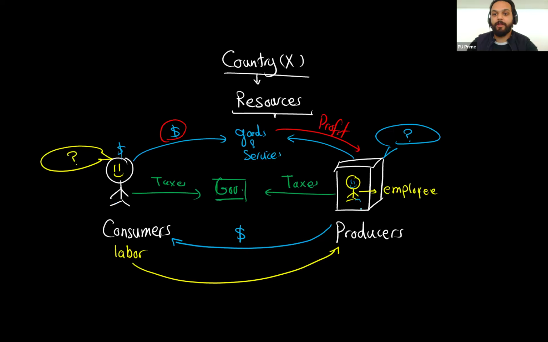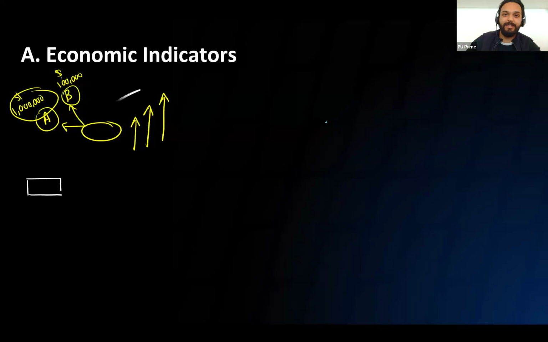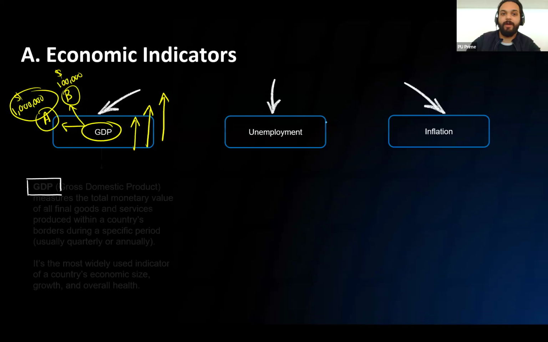So they would hire what? They would hire more people. More people to be hired, more goods and services to be produced. More goods and services to be produced means there are more people to buy. More people to buy means more what? More profit. Okay, it's a cycle, just a simple cycle, right?